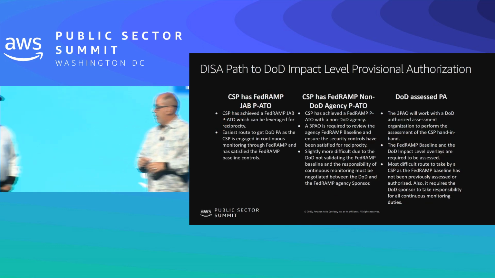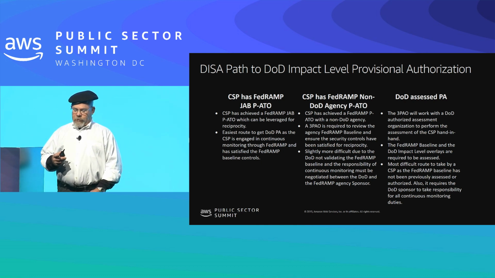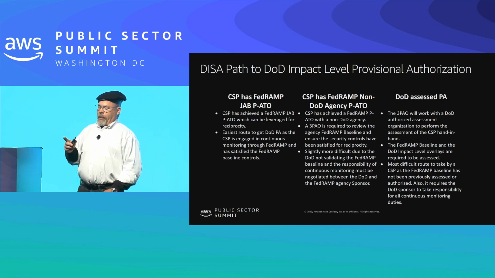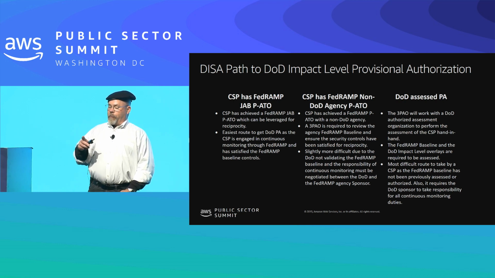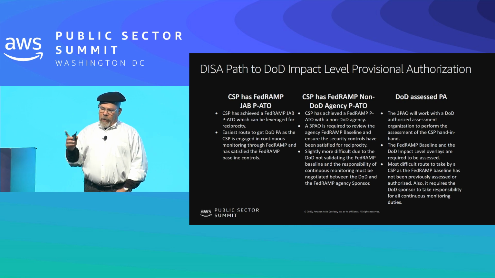Obviously the reality here, in busting these myths, is the difference between the cloud service provider having a FedRAMP JAB provisional ATO, with very specific requirements, versus a FedRAMP non-DoD agency provisional ATO, versus a DoD assessed PA. All these things are a lot of details.